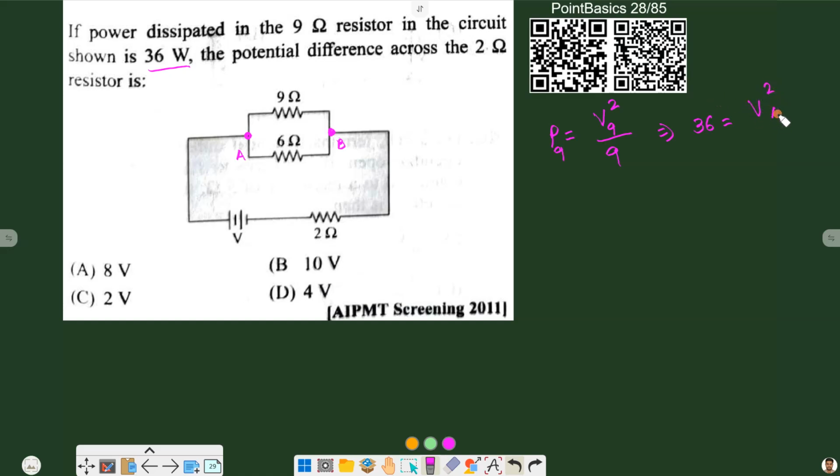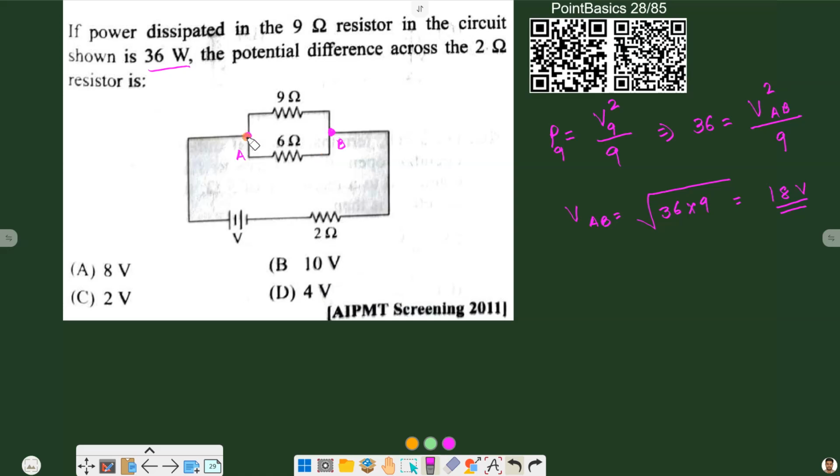So V square of AB divided by the value of resistance, that is 9. So from this VAB will be under root of 36 into 9, and that is 6 into 3. Oh sorry, under root will be 6 into 3, that is 18 volts.